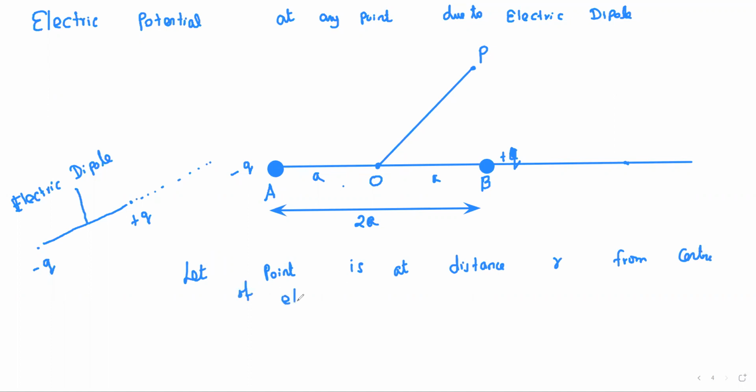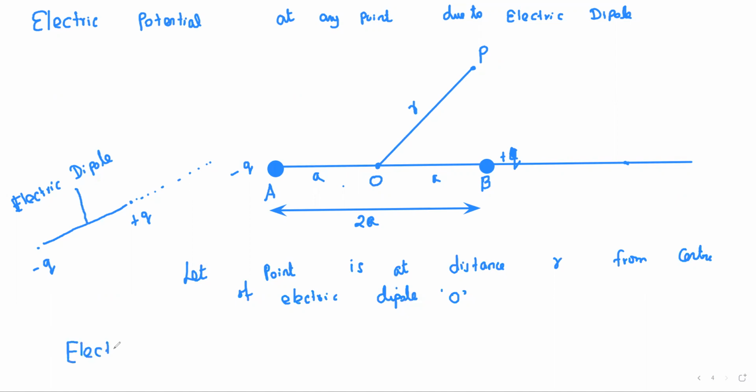So we take the distance from the center of the electric dipole only, and that distance is taken as R. Now the purpose is to find the electric potential due to these two charges at point P.